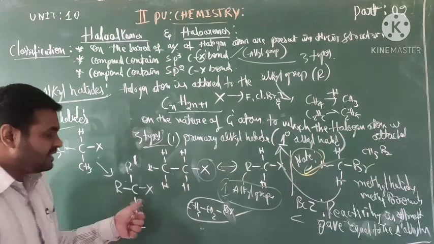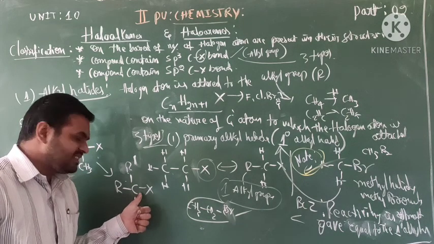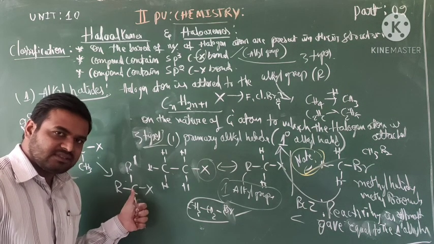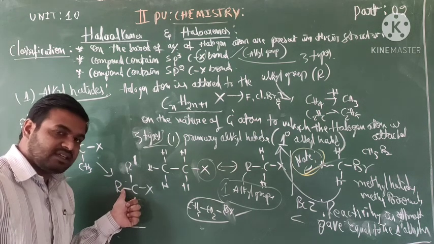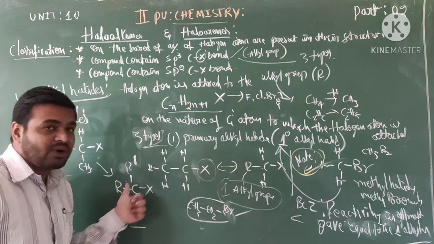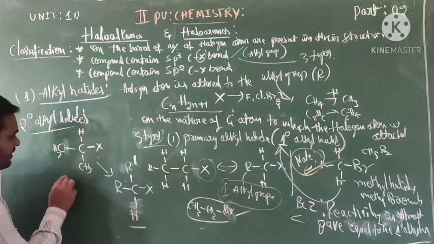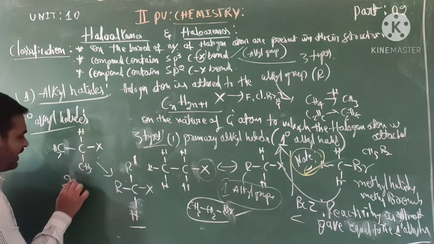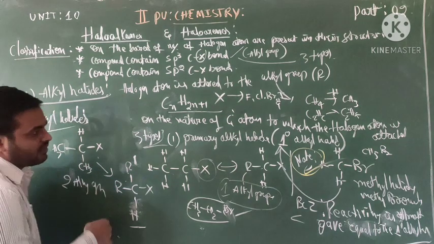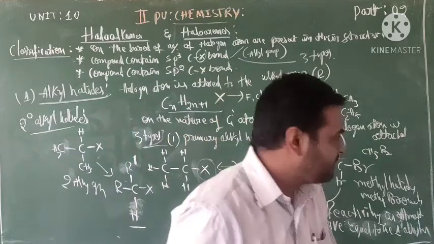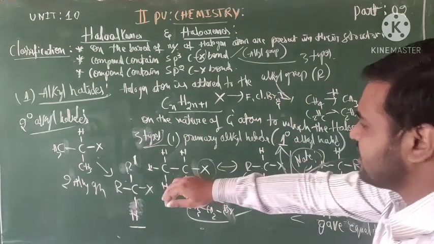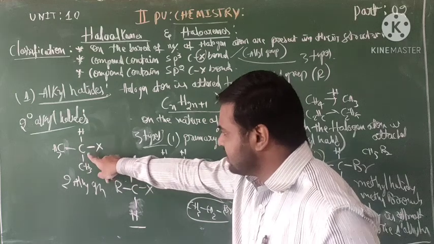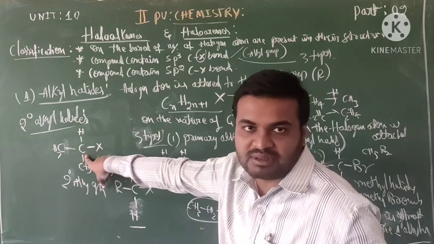The important thing is the halogen atom is attached to a carbon atom, which is further bonded with two alkyl groups. It has two alkyl groups. So this is the definition of secondary alkyl halides: the halogen atom is bonded with the secondary carbon atom.